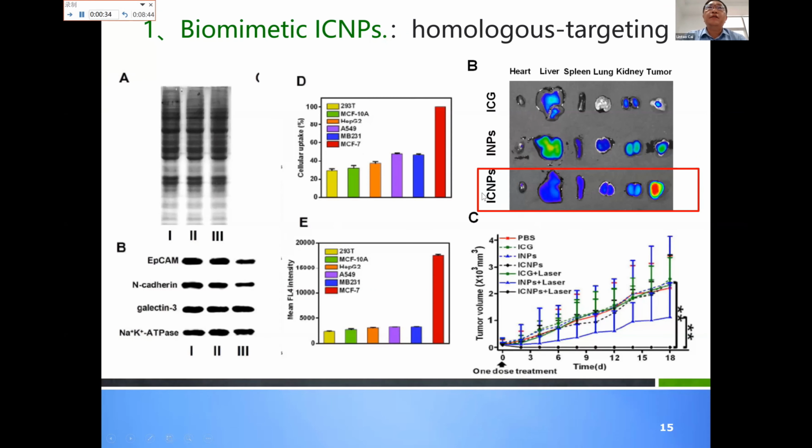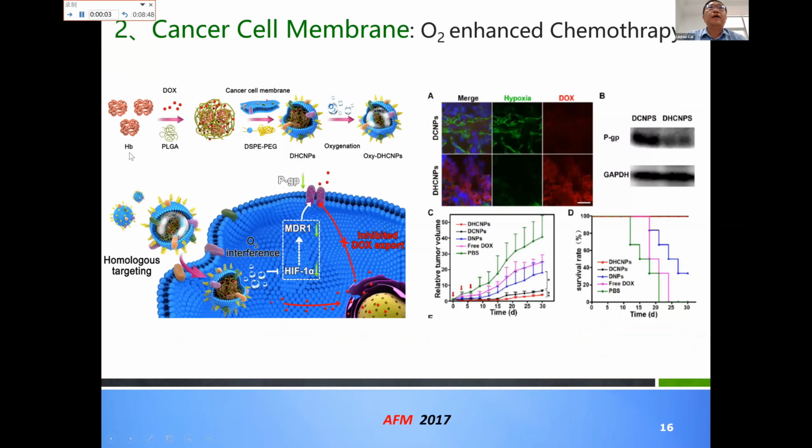Using this method, we also get the HB together and get a much higher effect. Such as in our system, we reduce the hypoxia and go to a higher dose loading and get this oxygen-enhanced chemotherapy.